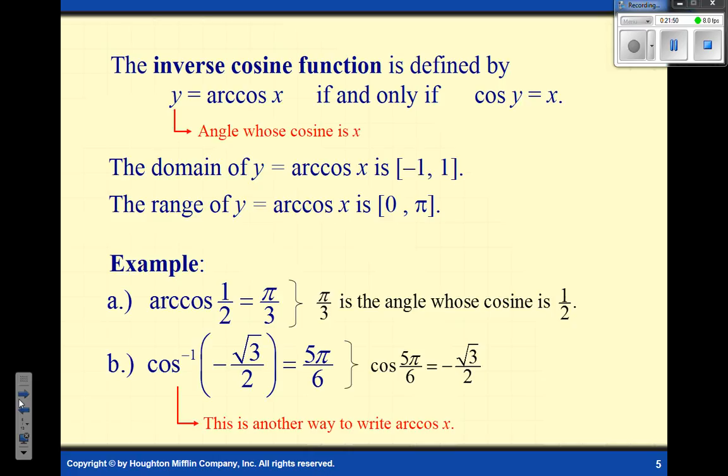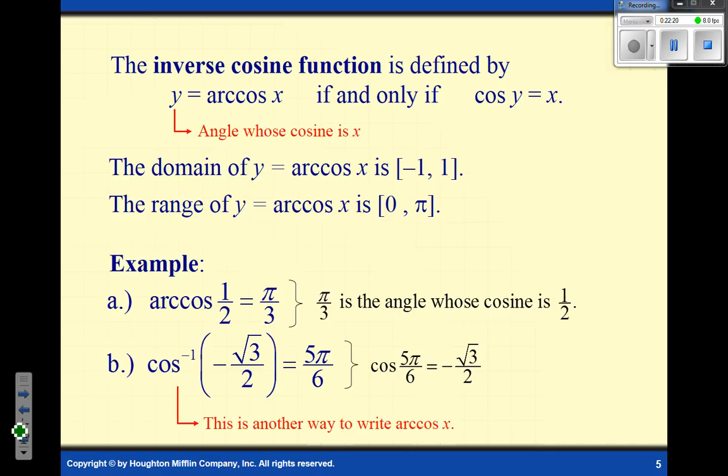Let's try another one. This says, what angle on the unit circle has a cosine ratio of -√3/2? So again, you use your hand and you make it show cosine √3/2. Is that a 30-degree angle? Yes. But I need a -√3/2.